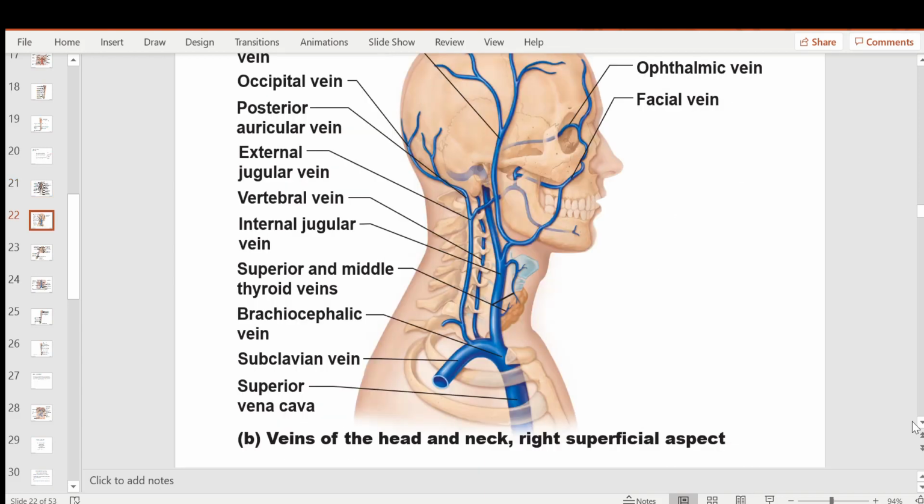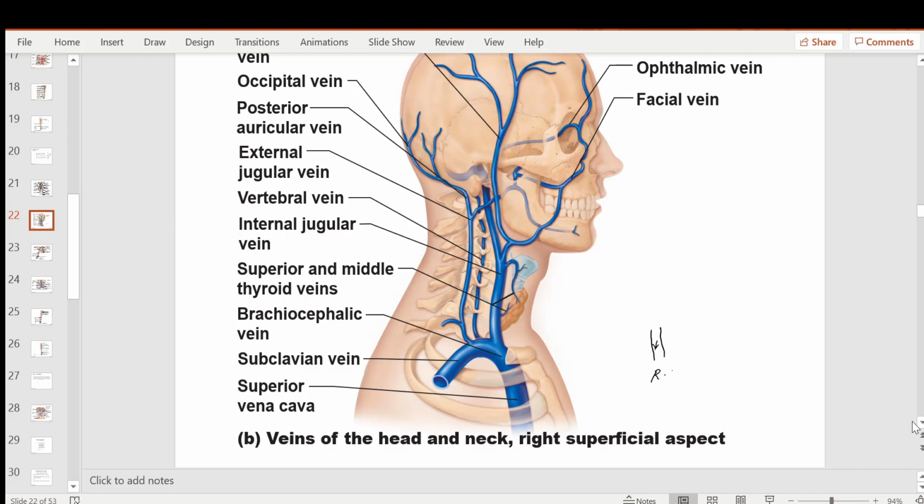Now I already explained this, but you can see it in a larger picture, so it will be easier for you. This is one side, the right side of the body. So you know that the superior vena cava brings the blood into the right atrium.